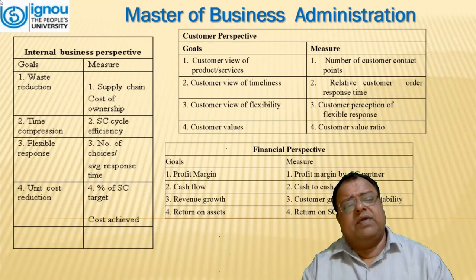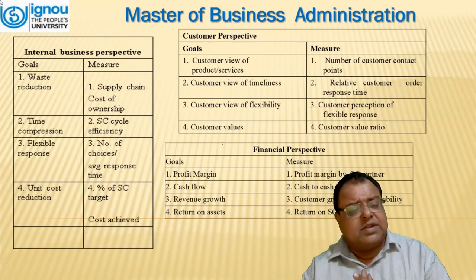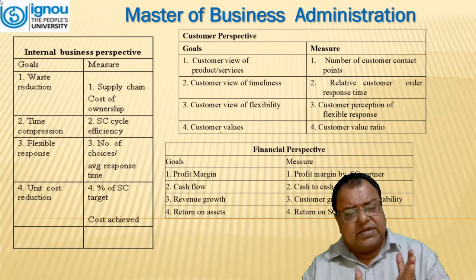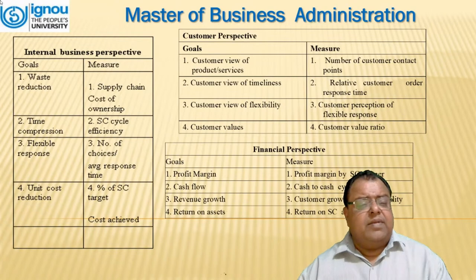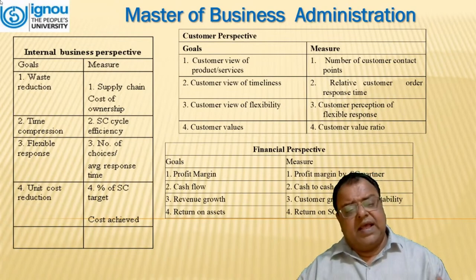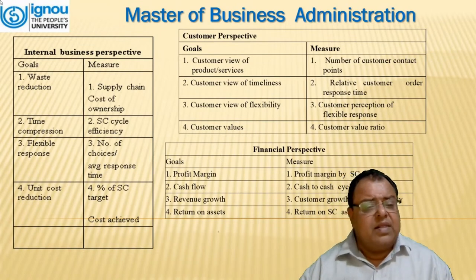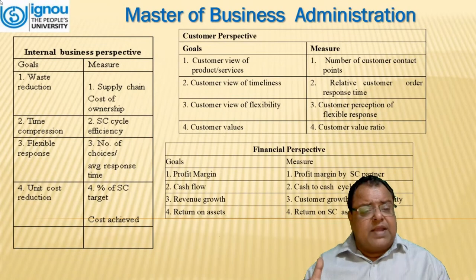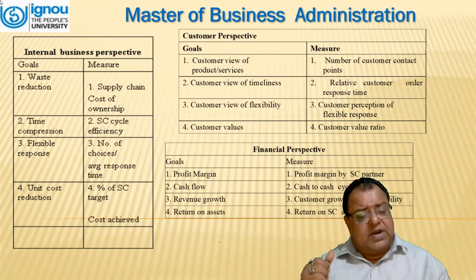Here we see the internal business perspective. Internally, it is a relation between goals and measures. If the organization has an initial goal of waste reduction, then what measure has to be taken? The supply chain cost of ownership is involved.